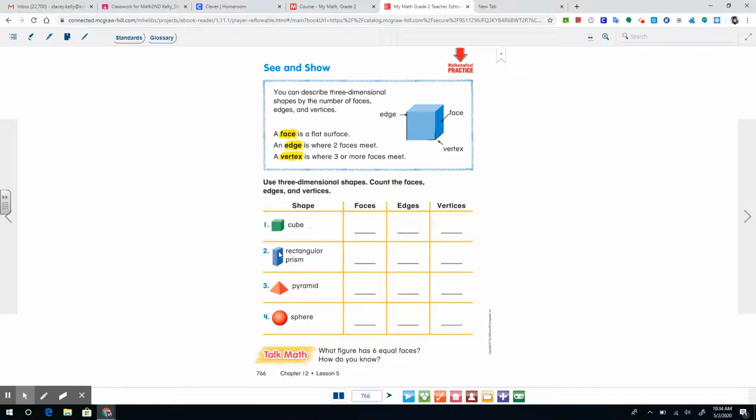Rectangular prisms, believe it or not, are going to be the exact same as a cube because they still have all the same 1, 2, 3, 4, 5, 6 faces. Then we can count our edges. 1, 2, 3, 4, 5, 6, 7, 8, 9, 10, 11, 12 edges. And then our vertices, 1, 2, 3, 4, 5, 6, 7, 8.